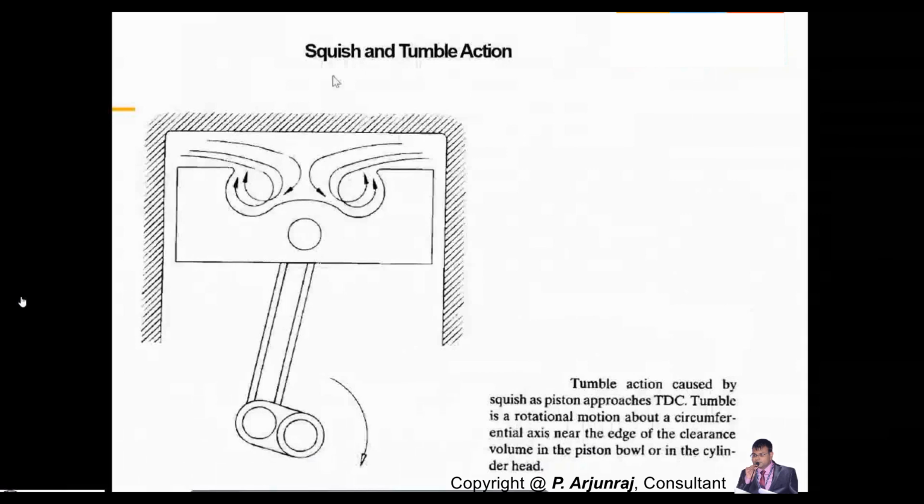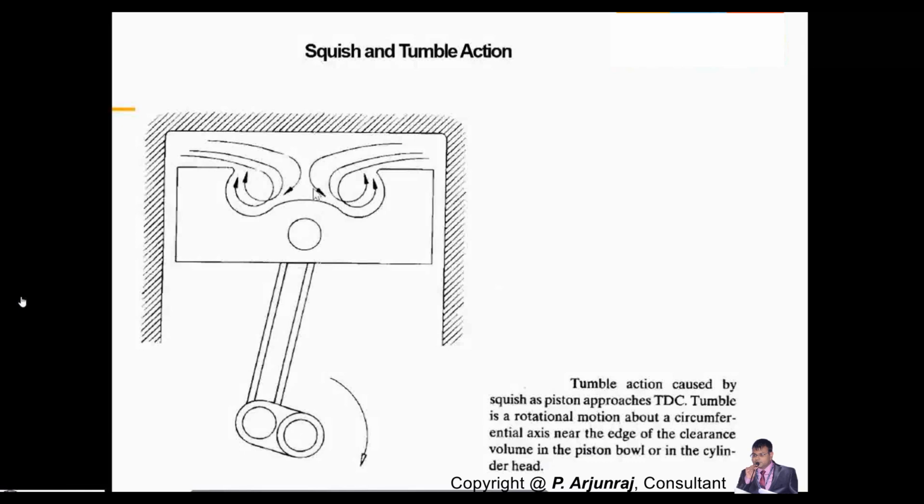And this is the squish and tumble action, where this is the combustion chamber. This is the piston crown, the top portion of the piston, and near the piston crown you are going to create the action which is nothing but the squish action. Look at this squish action.